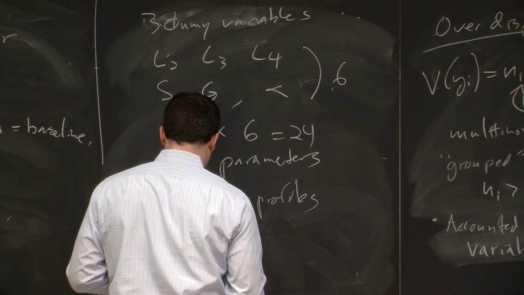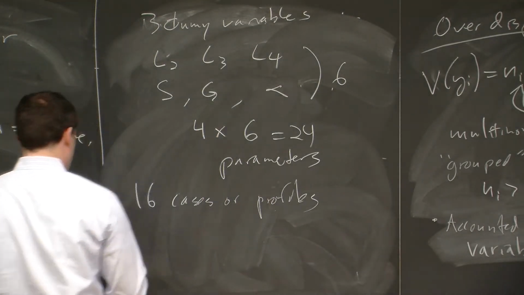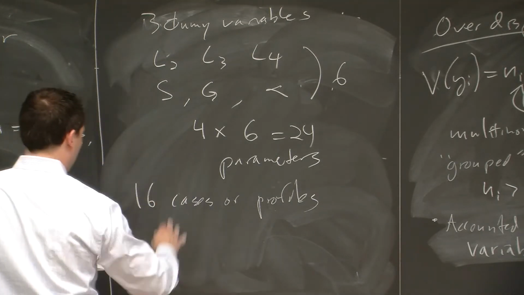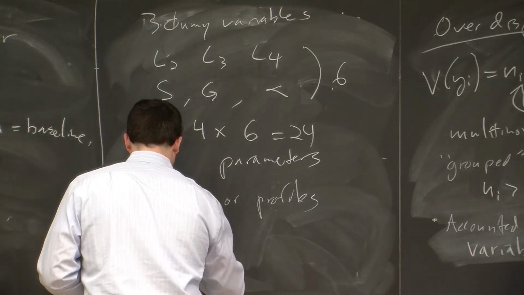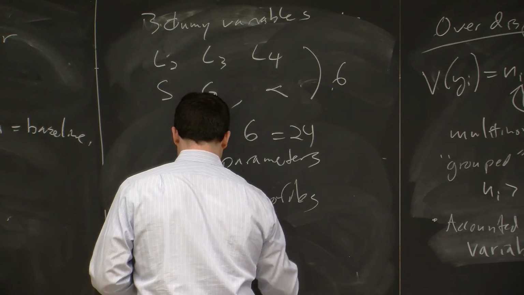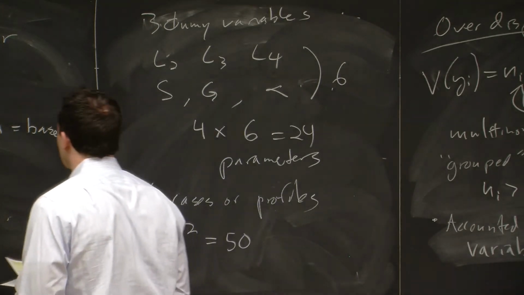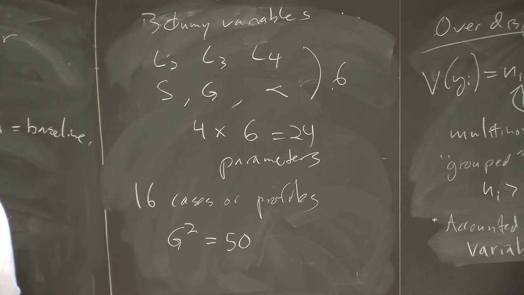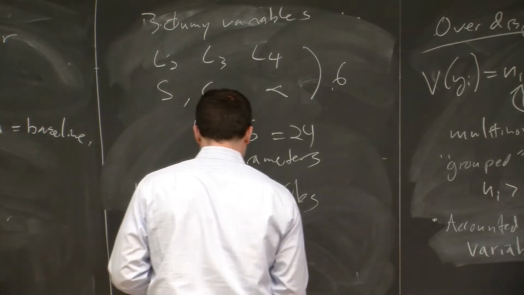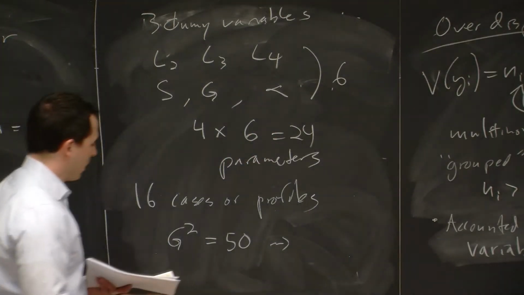And then we get degrees of freedom. So if I plug this in and my software spits out that g squared was equal to 50, how many degrees of freedom should I think about that corresponding to?